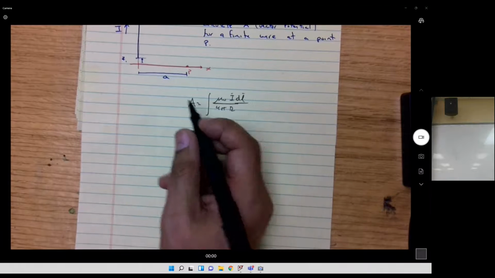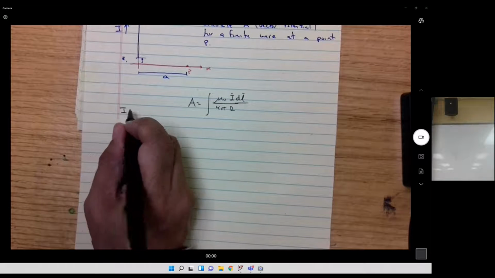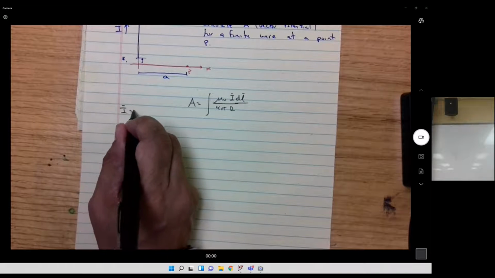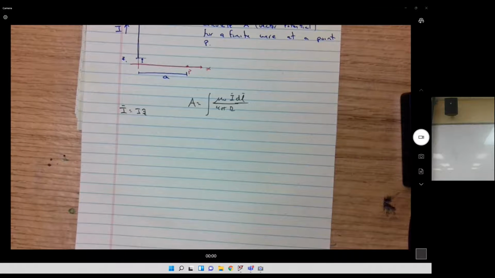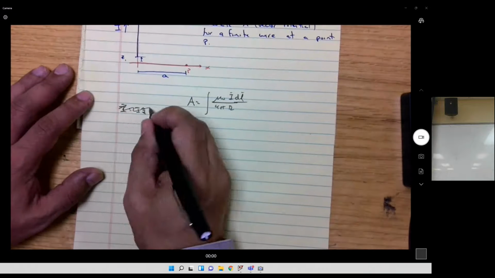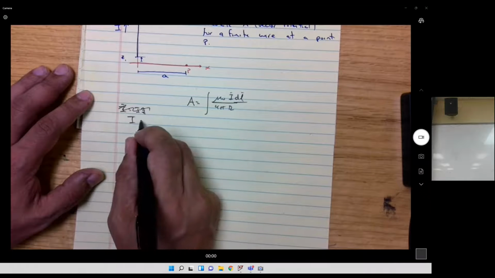Okay, here my current is going to be in the z direction. Oh, yeah, no, sorry, this is just a constant. This is just going to be a constant.